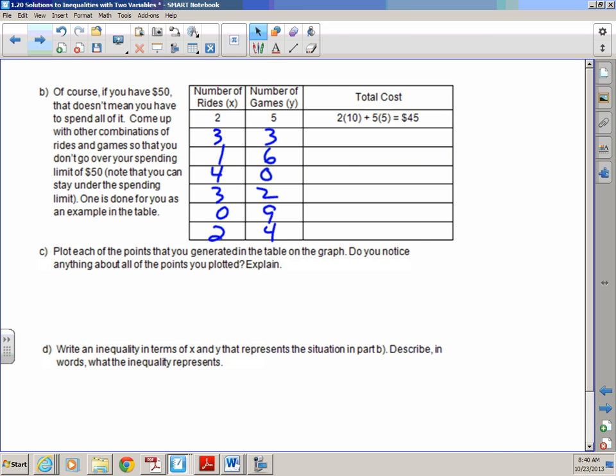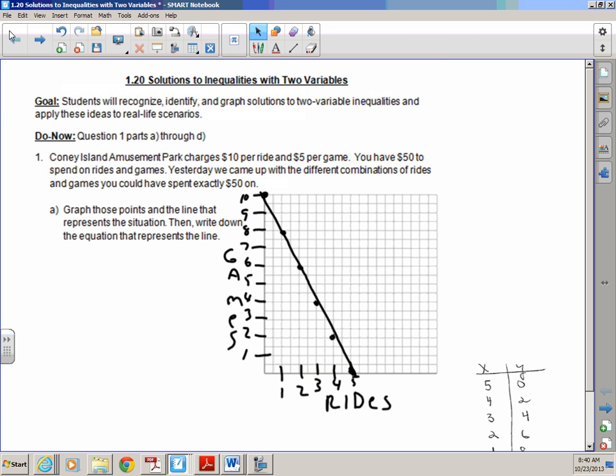Now if you were to go back and plot all of those points, so for example 3, 3, which is here, 1, 6, which is here, 4, 0, here, 3, 2, there, 0, 9, there, and 2, 4, there.